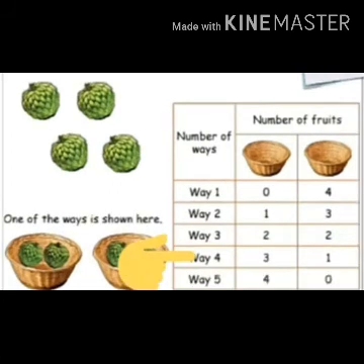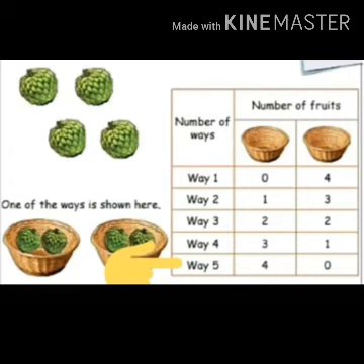Next, way 4. Put 3 custard apples in the first basket and then put 1 custard apple in the second basket. So, the number is 3 and 1. See the fifth way.